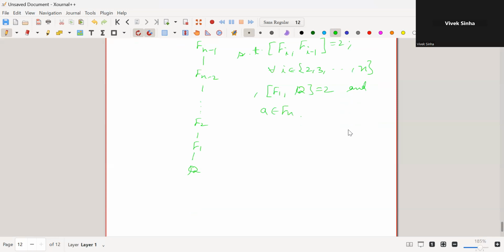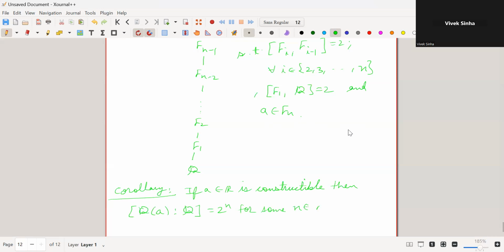And as a corollary of this, we get that if a belongs to R is constructible, then from the above theorem we will get this tower, and then we will get that the degree of Q(a) over Q is equal to 2 raised to n for some n belongs to N.